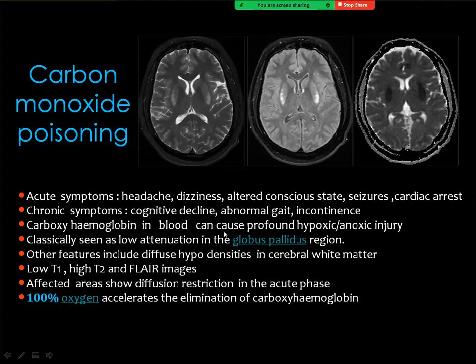Carboxyhemoglobin in the blood can cause ischemic anoxic injury, particularly in the globus pallidus. The lesions will show low signal in T1, high signal in T2 and FLAIR, and the lesions will show diffusion restriction if the condition is acute, and the treatment is 100% oxygen to eliminate the carboxyhemoglobin from the blood.